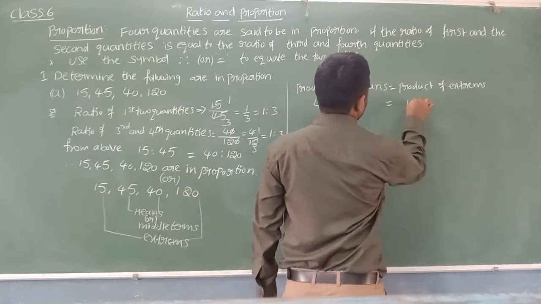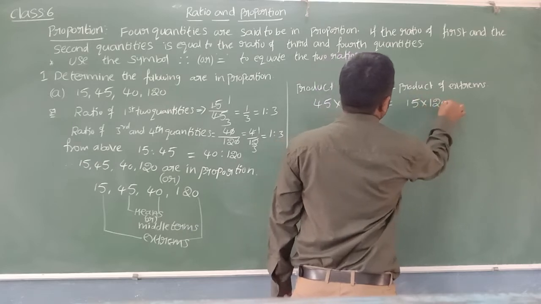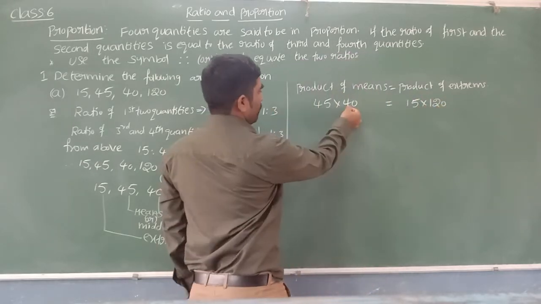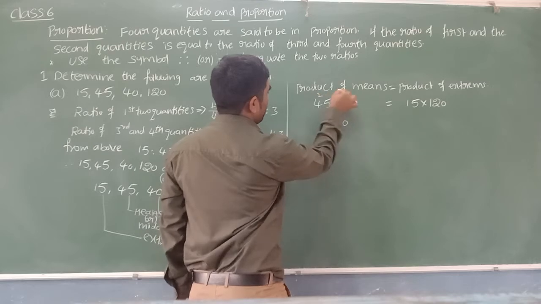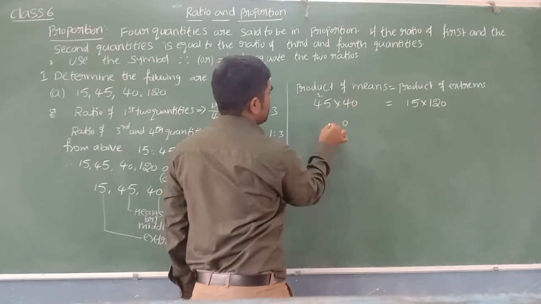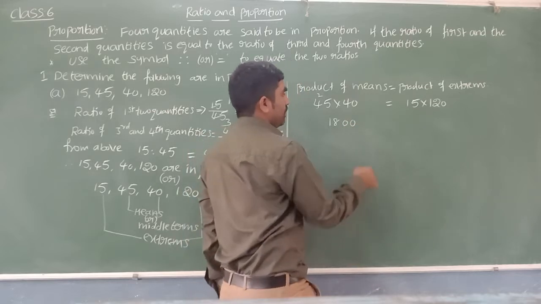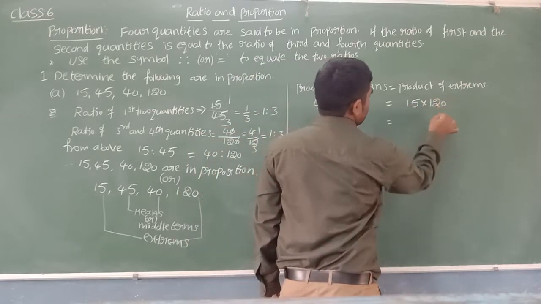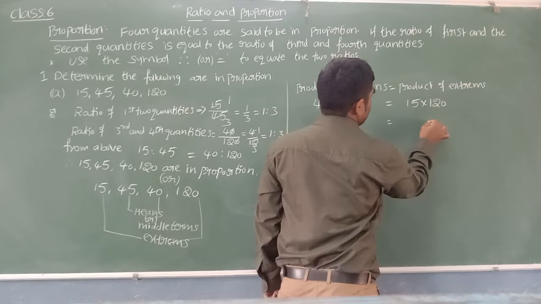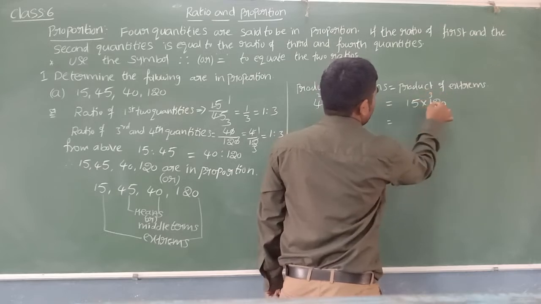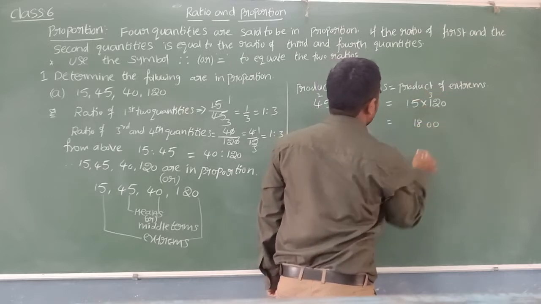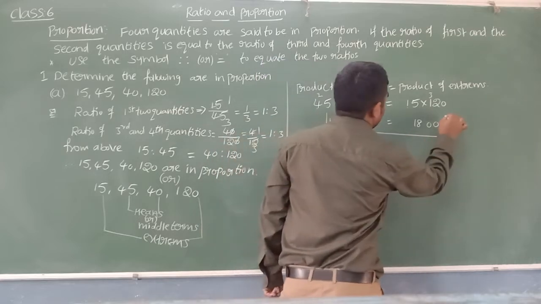Let us multiply both. 40 into 45: 4 5s are 20, 0 and 2 to carry. 4 4s are 16, 16 plus 2 is 18. So one more 0 there. 1800 I got. Now we multiply 15 into 120. 15 2s are 30, 0 and 3 carry. 15 1 is 15, plus 3, 18. 1800 is equal to 1800.